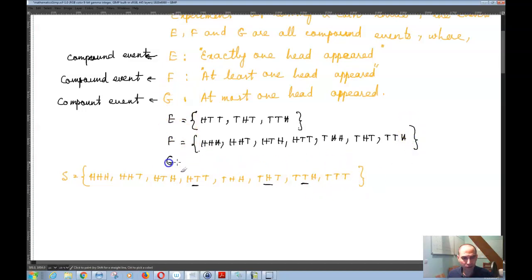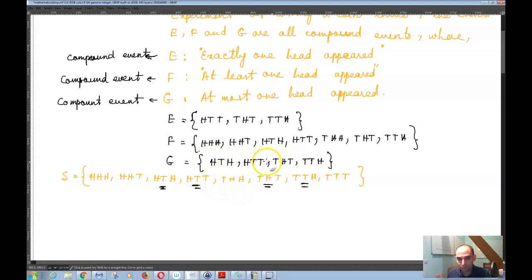And G, at most one head appeared, would be HTH, HTT, THT, and TTH.